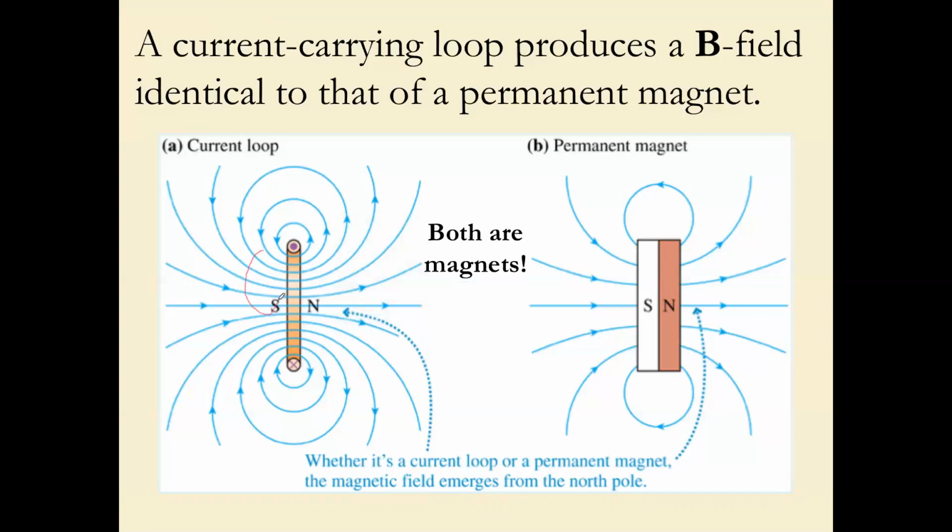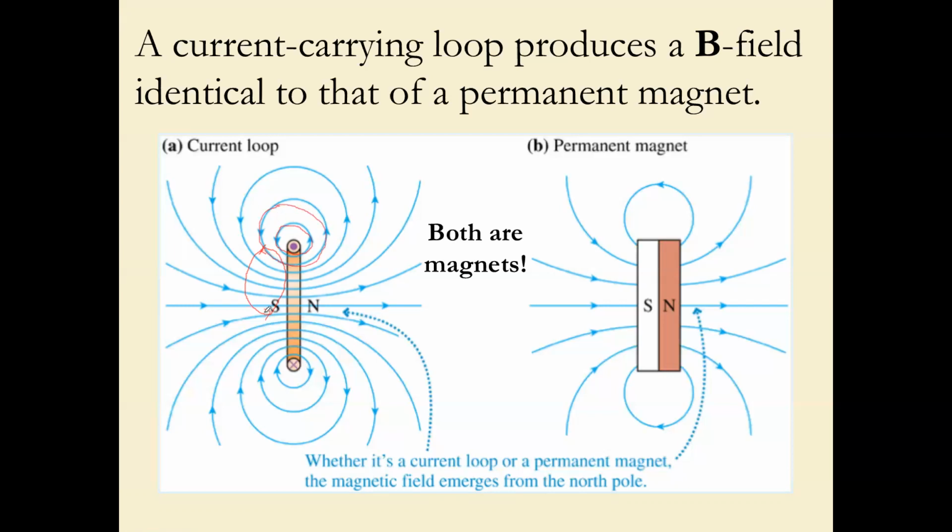So the current at this point is out of the page, and the current right here is into the page, right? So when you put your thumb in the direction of the current right here, and curl your fingers around the wire, you will see that this is the direction of the magnetic field at this point.